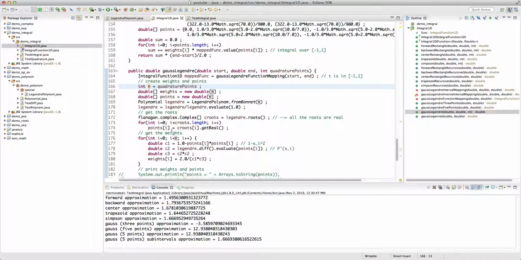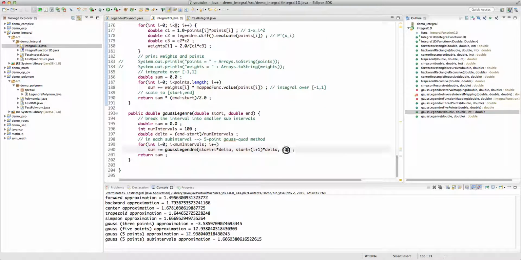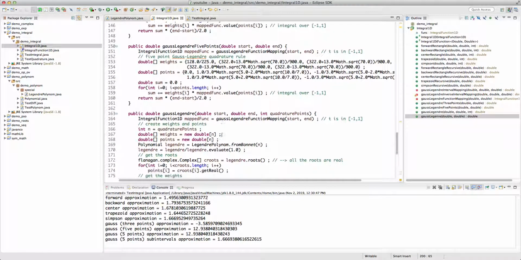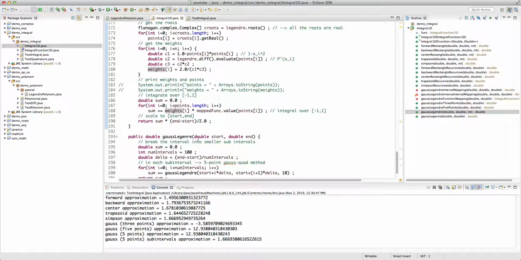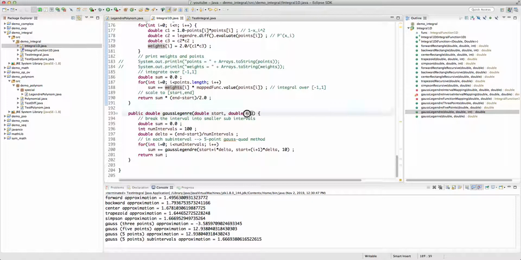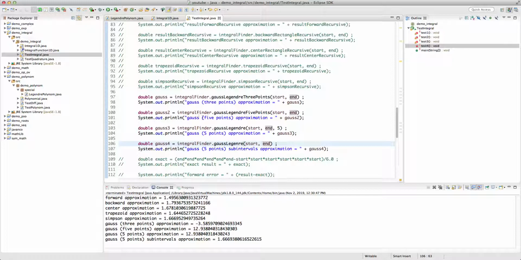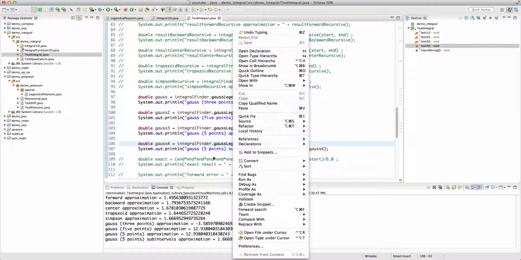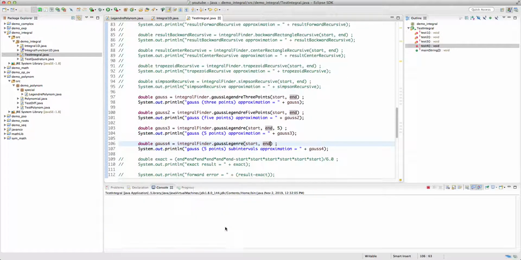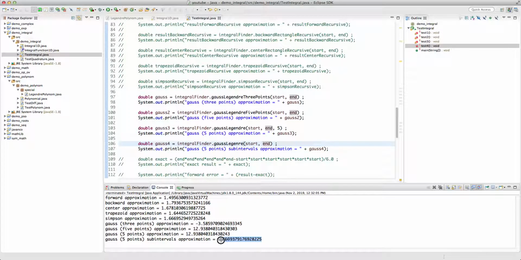So that's not a good way to do this. The quadrature points and weights are fixed for 10 points, no matter what the function is, no matter what the start and end are. So this is not an efficient way to do it, but let's just try it. 1.6669379. So this has to be the most accurate one.